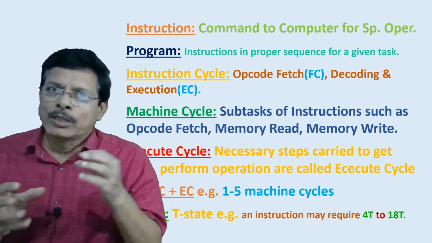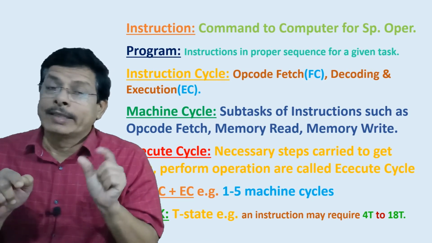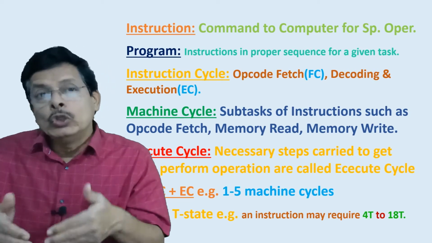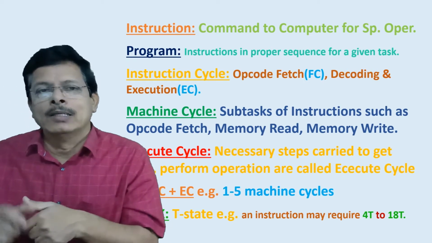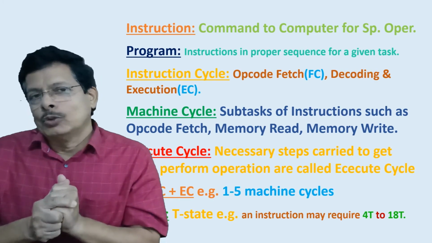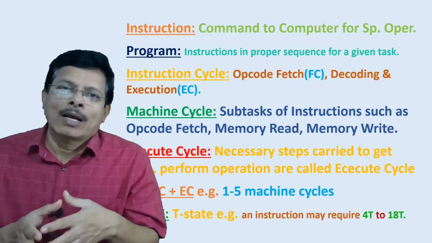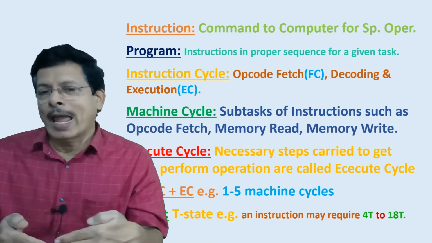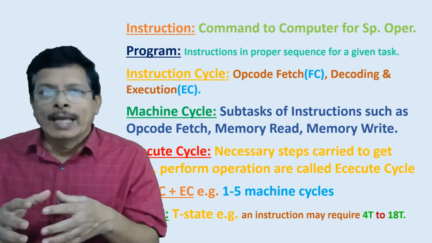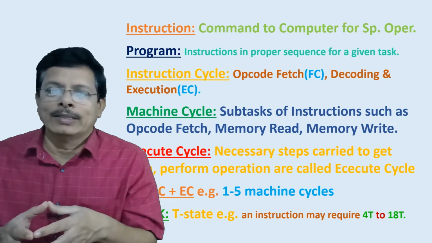So when I say that a particular task requires 3T, you should understand that capital T is the time period of that oscillator. For example, the microprocessor trainer kit which you are going to use in the laboratory has 1T equal to 0.33 microsecond. This is required to understand how much time a particular instruction takes for execution. So we shall consider one example so that you can understand the meaning of this T and how it signifies the length and execution time.